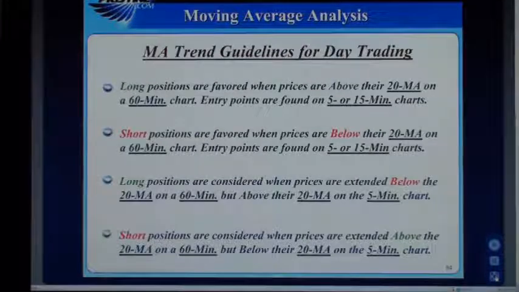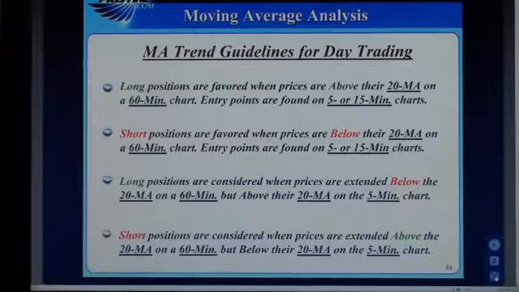Moving average trend guidelines for day trading. Long positions are going to be favored when prices are above their 20 MA on the 60-minute chart. In other words, the 60-minute time frame is in an uptrend. And then we're going to look for pullbacks to find entry points on the 5 or 15-minute charts. We'll look for short positions when prices are moving below their 20 MA on the 60-minute chart.